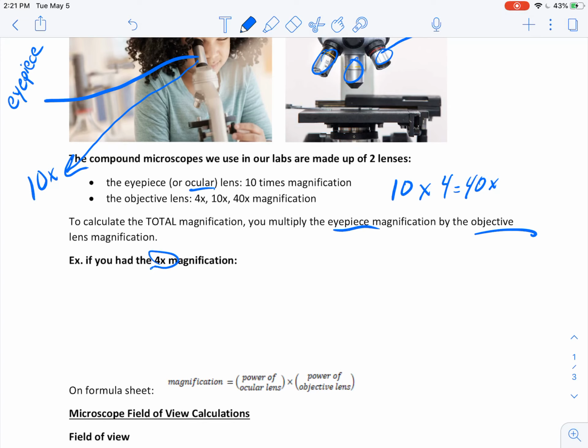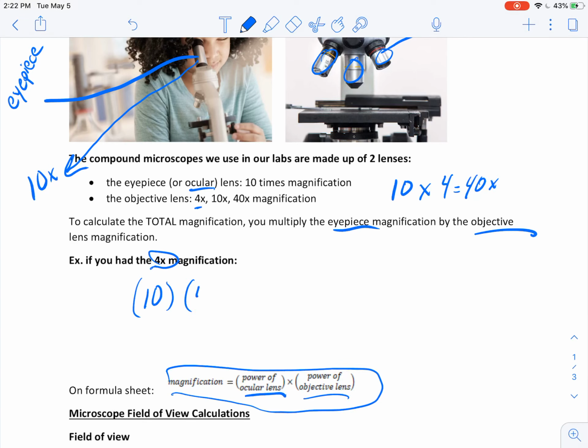So that would be your example here. For a 4 times magnification, if you look at your formula sheet, it's the power of the ocular lens, which is going to be 10 times. So it'd be 10 multiplied by your power of the objective lens, which is 4, equals 40. If we were to do the 10 times objective lens, then it would be 10 times 10, for 100 times.